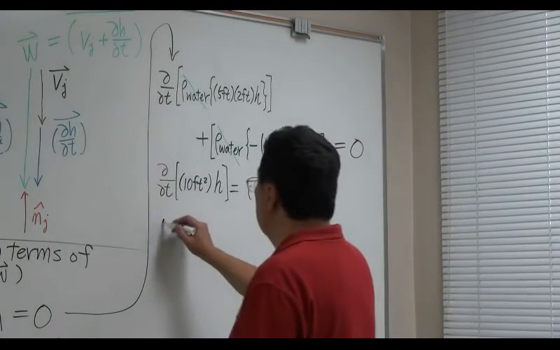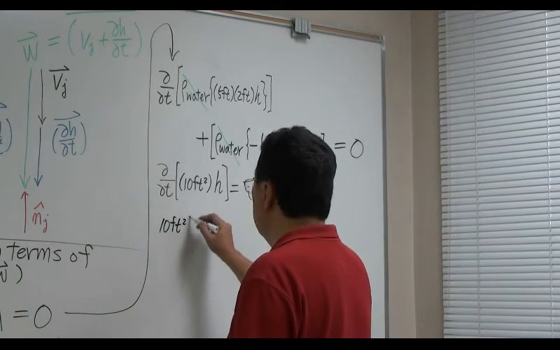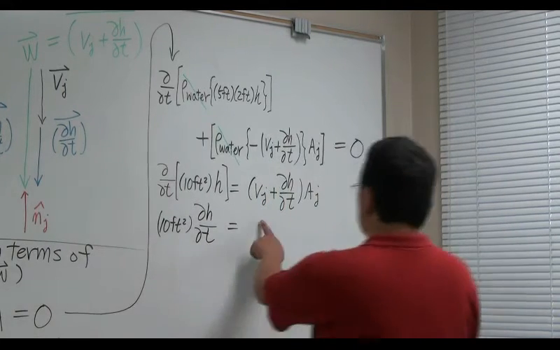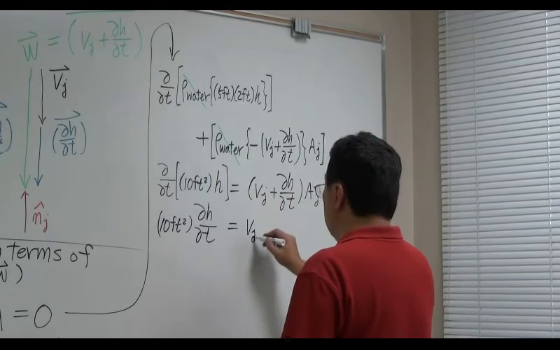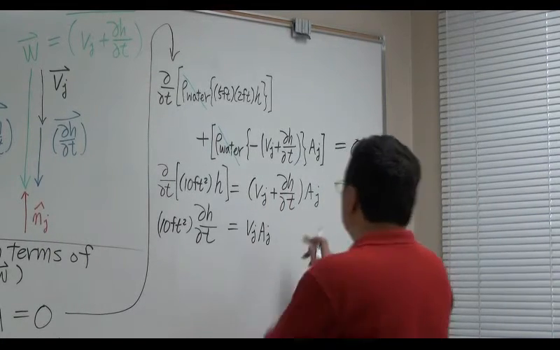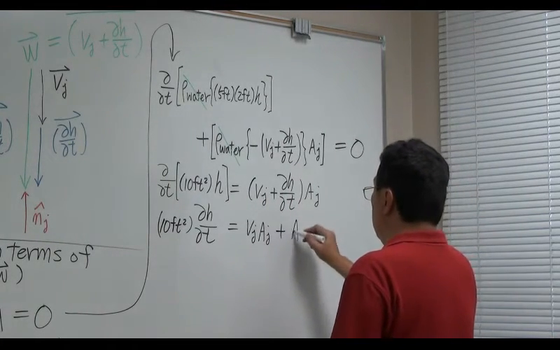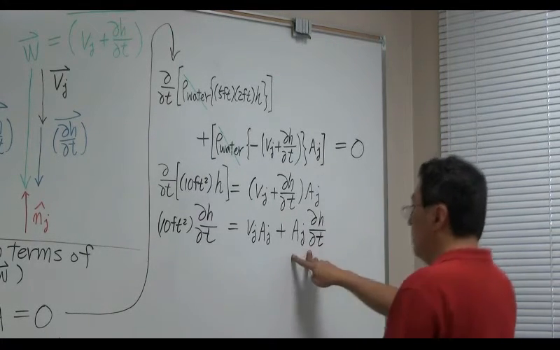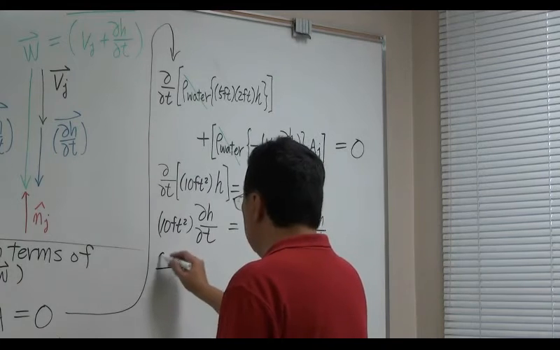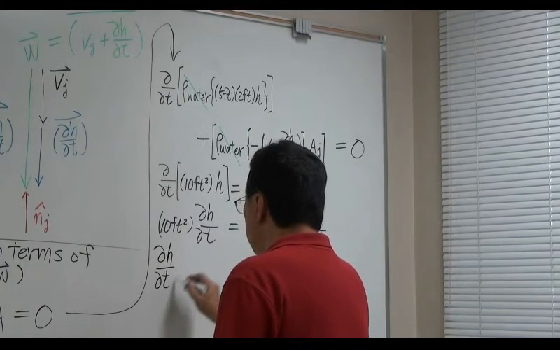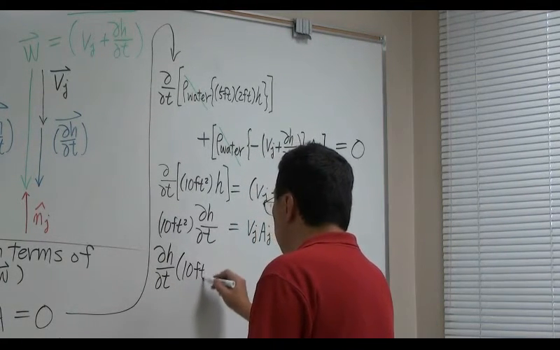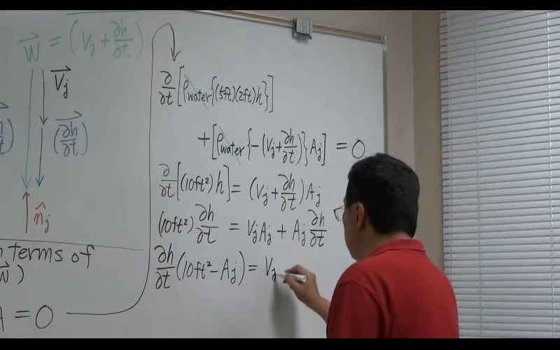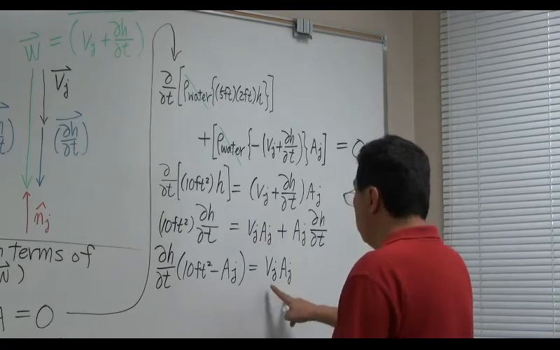So this is 10 feet square times dh dt, which is equal to Bj Aj plus Aj times dh dt. Bring this one to the right hand side. dh dt times (10 feet square minus Aj) is equal to Bj times Aj.